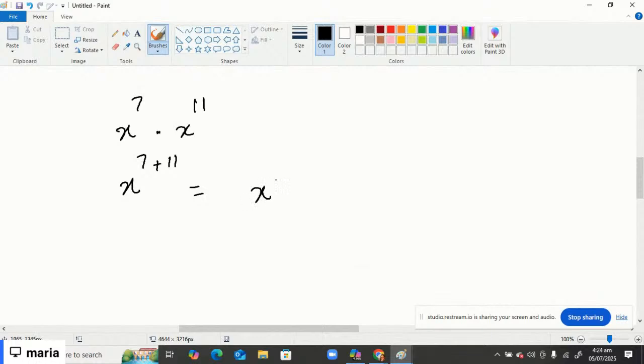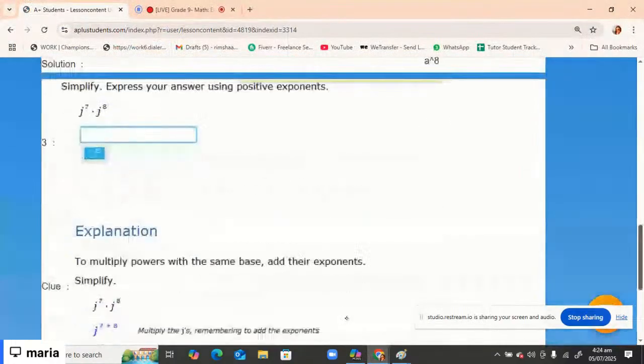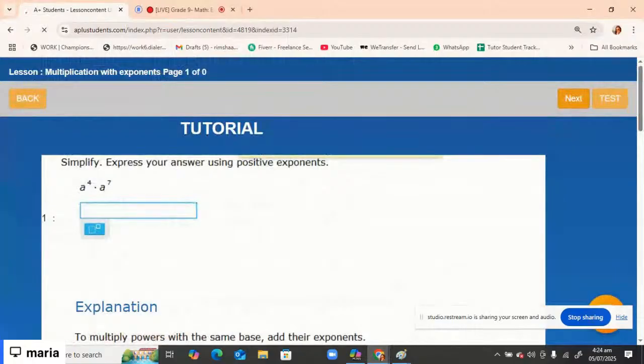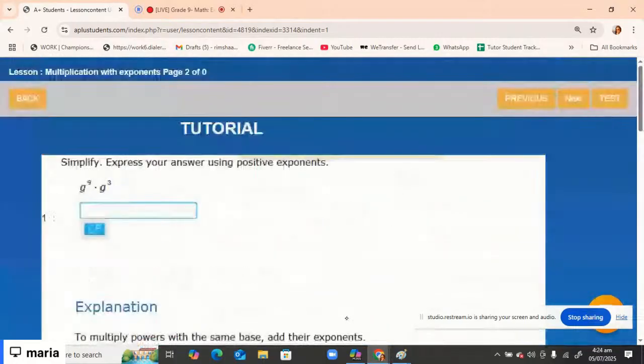So what is the answer? X power 18, and that is your answer. For example, if I take another example like j, if they multiply, you are going to add, because here is multiplication with exponents. Because the bases are same, their powers should be added.